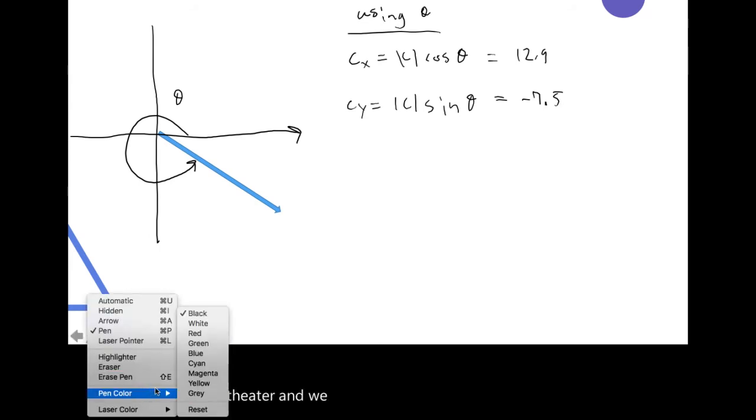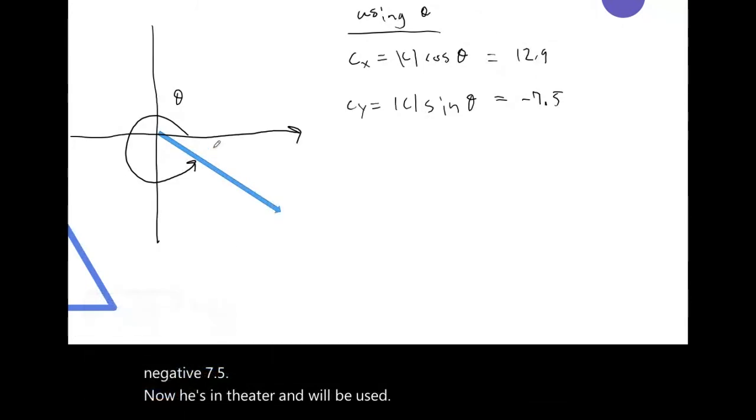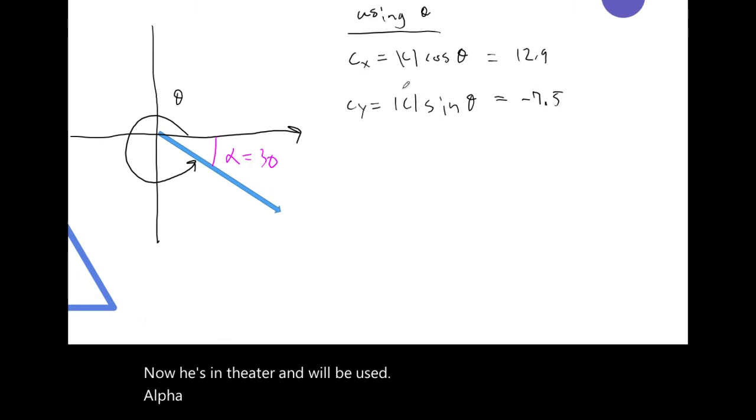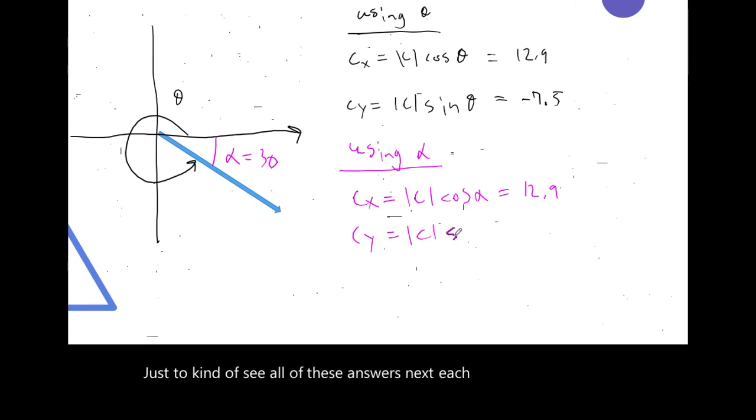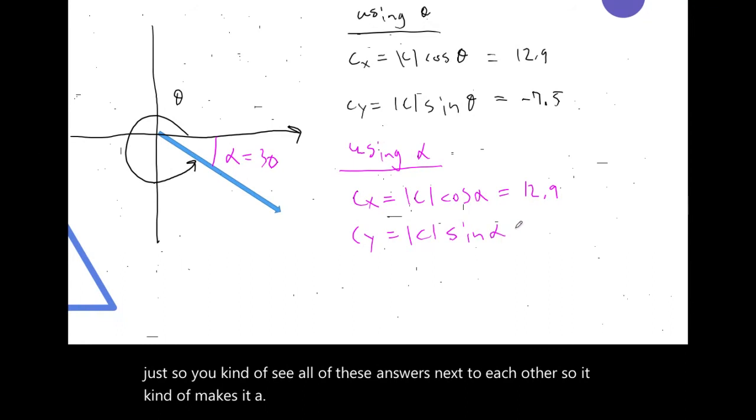And we'll use alpha. Alpha was 30. So using alpha. Just so you can see all of these answers next to each other, I think it makes it a little bit more clear.